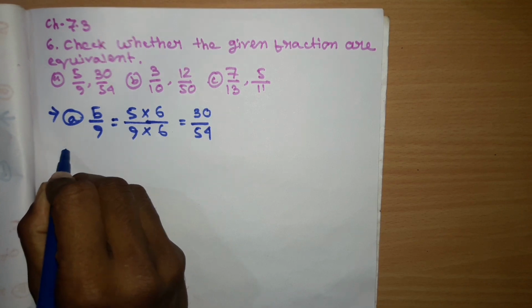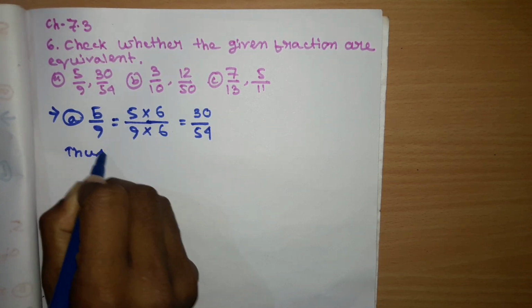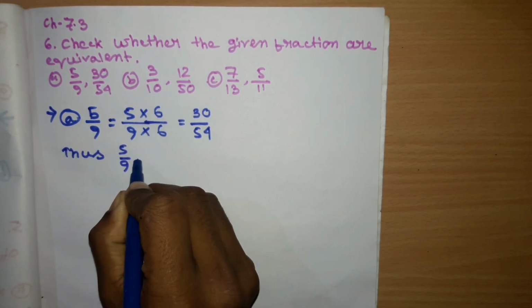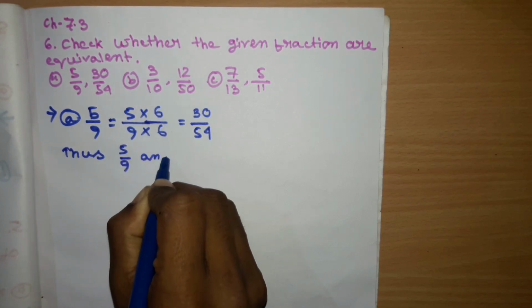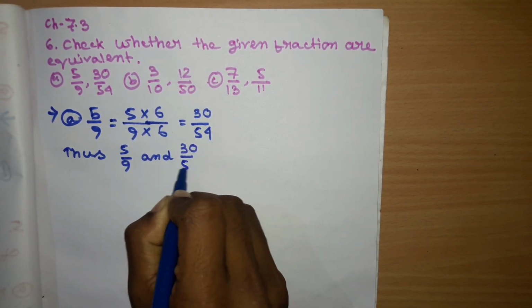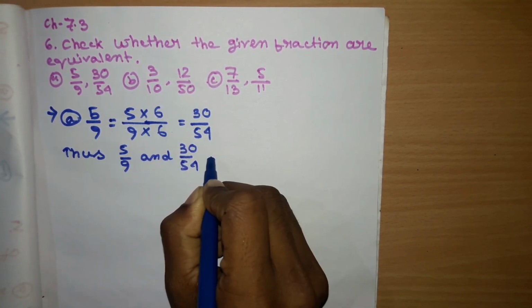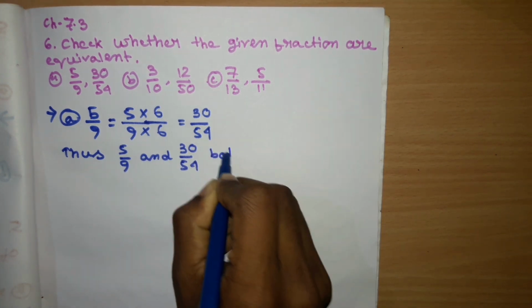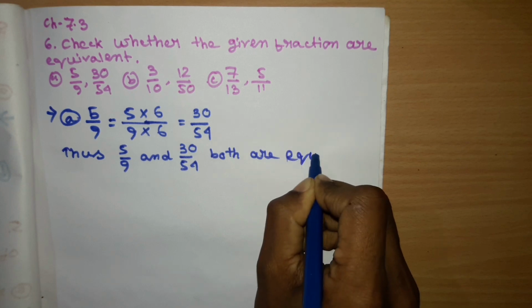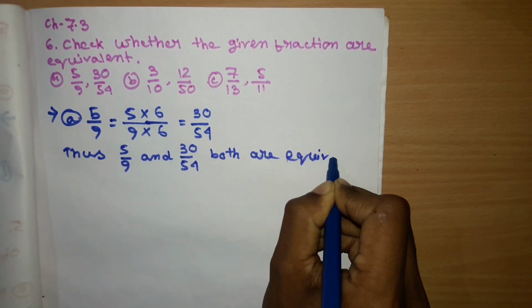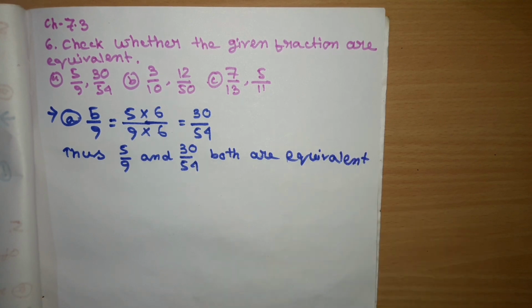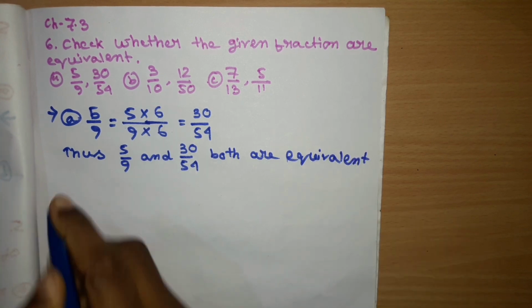Thus 5 by 9 and 30 by 54 both are equivalent.